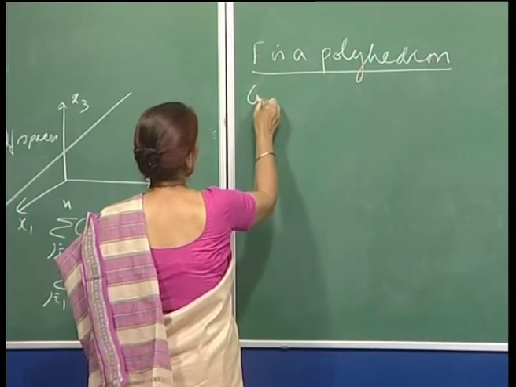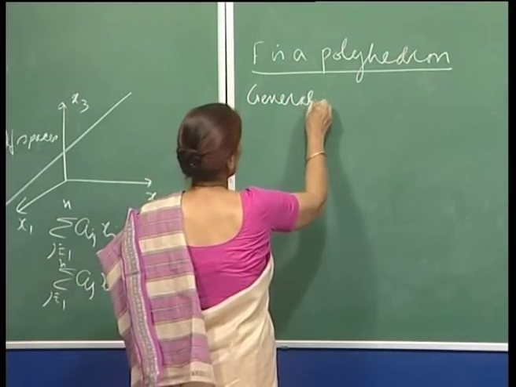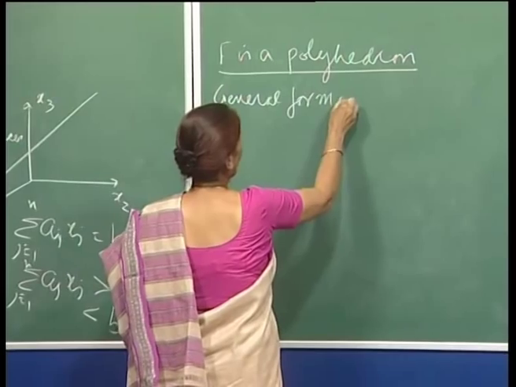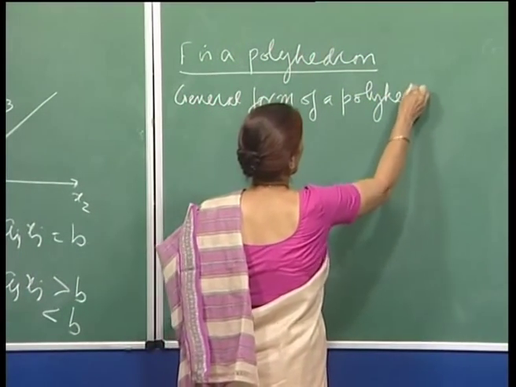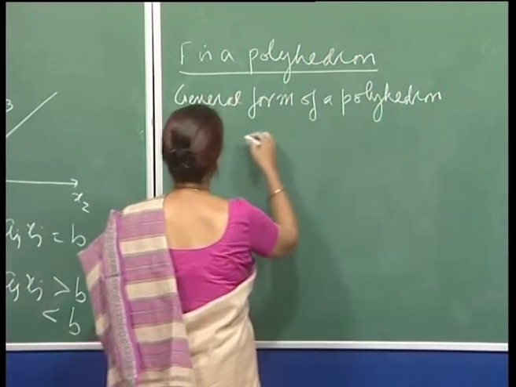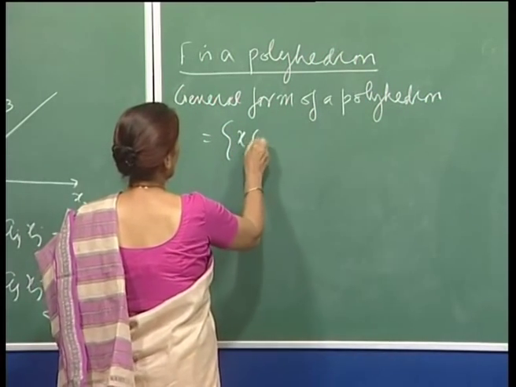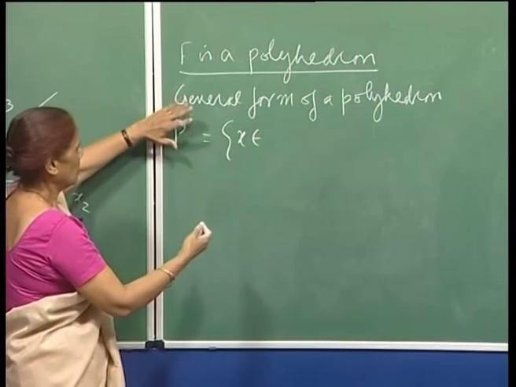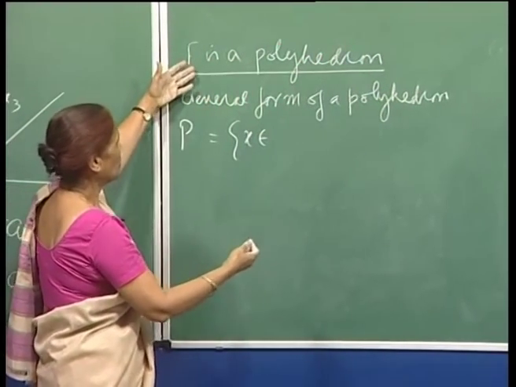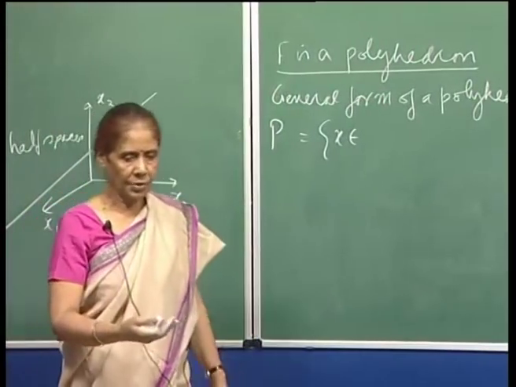A general form of a polyhedron can be defined as, let me call it P, and I will distinguish between a general polyhedron and the polyhedron which corresponds to a linear programming problem.